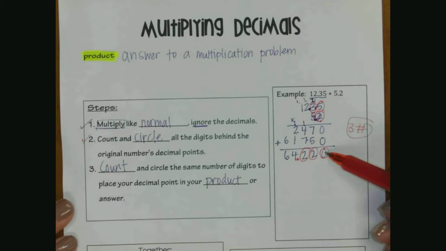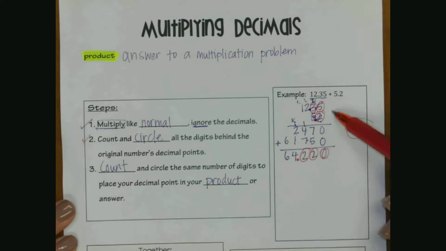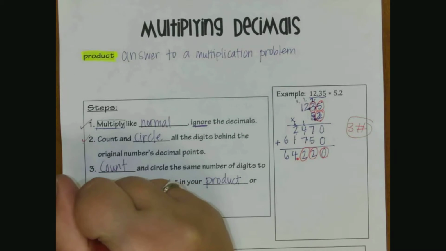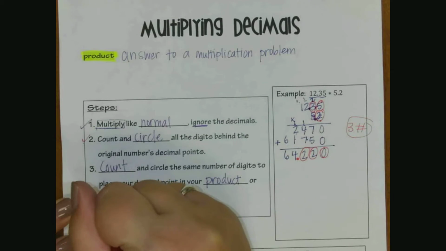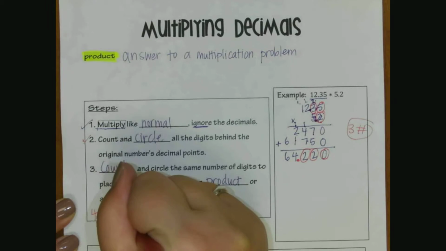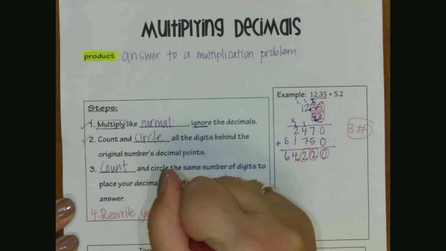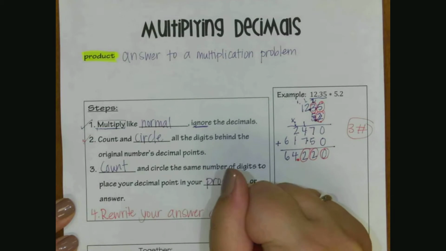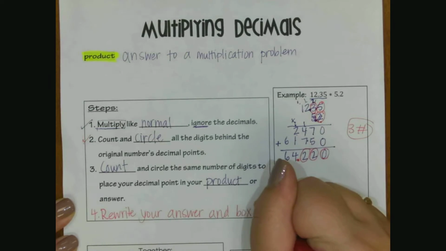I should have 3 numbers behind the decimal point, just like I had those 3 up there in the 2 numbers I multiplied. Okay, I'm going to add a fourth step. I would like you to rewrite your answer and box it. Okay, this will just help keep your work neat.